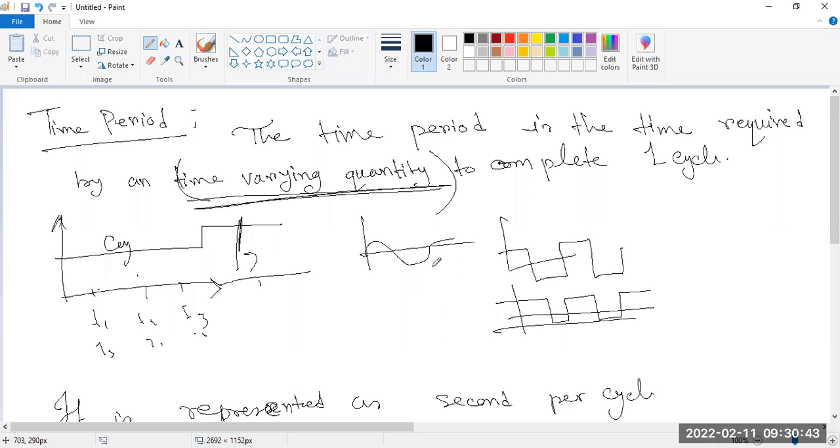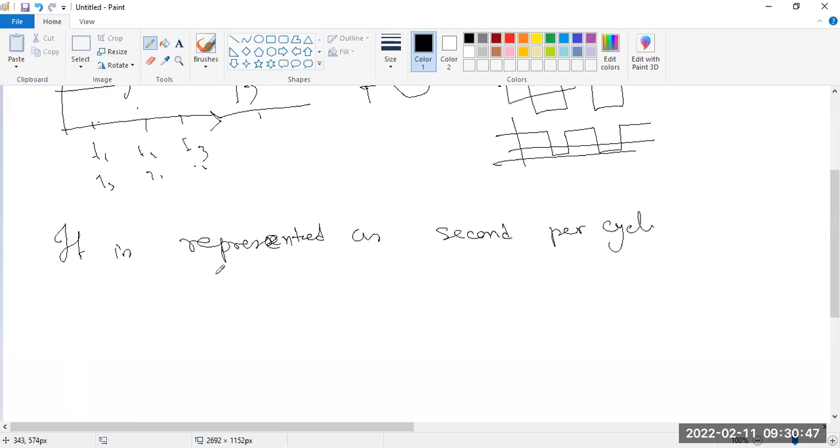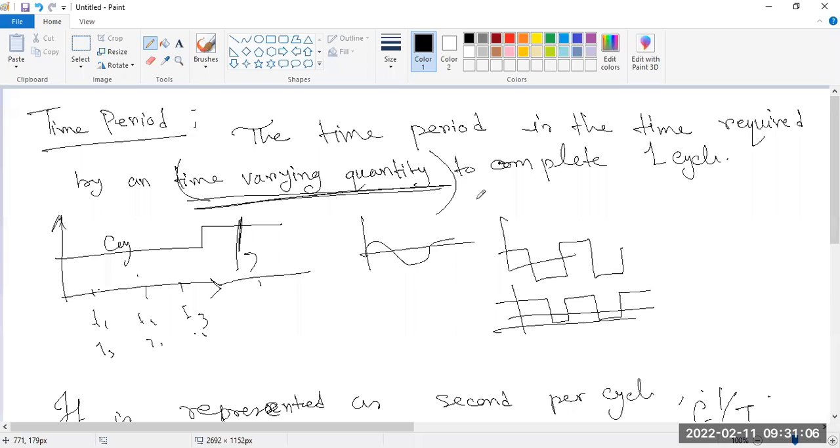Time period is given for this type of signal, not this type of DC signal. Say this is 1 second, this is 2 seconds. So the time period is 2 seconds.